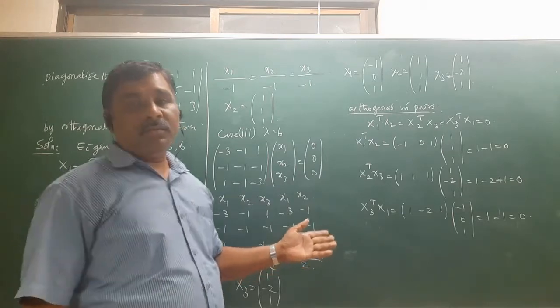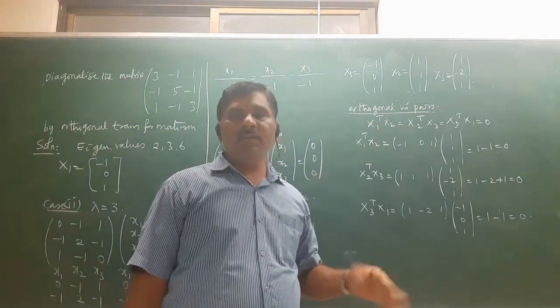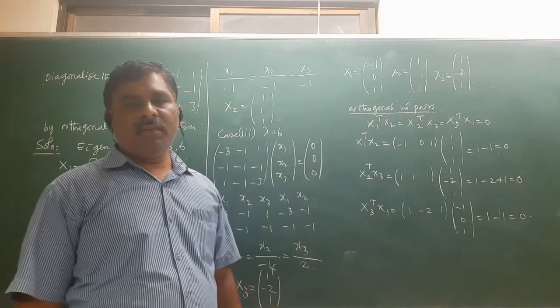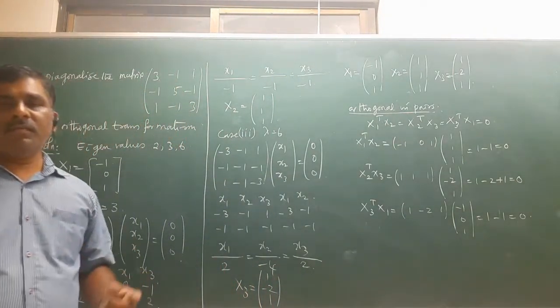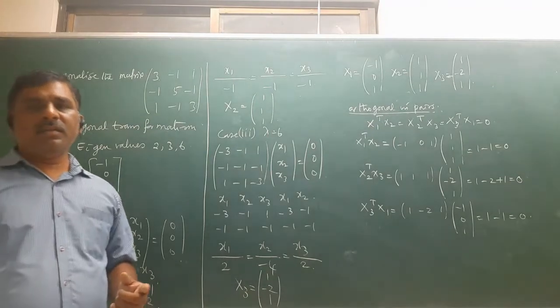Now we have to form the normalized modal matrix. How to form it? For that, first we have to form the normalized vector.